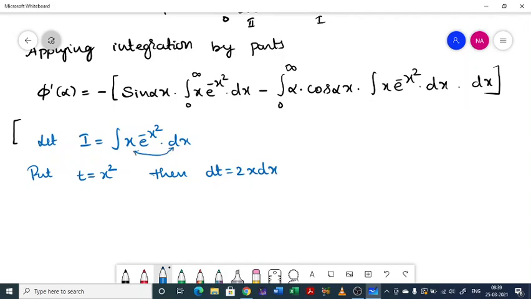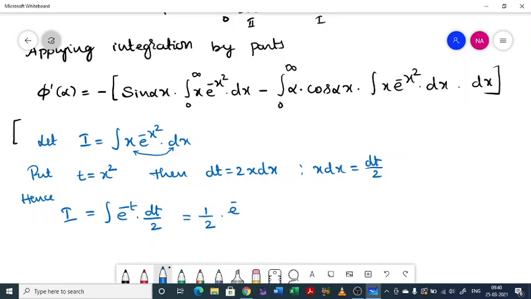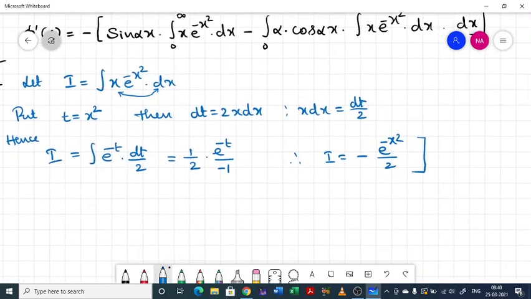So x into dx equal to dt by 2, that is one important piece of information. Hence I will be integral e power minus t into dt by 2. So 1 by 2 you can take outside, integrating e power minus t, it will be e power minus t divided by minus 1. Therefore I equal to minus e power minus x square by 2. This we are going to use here.